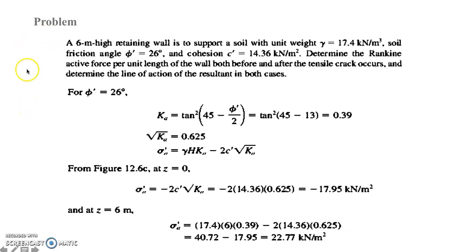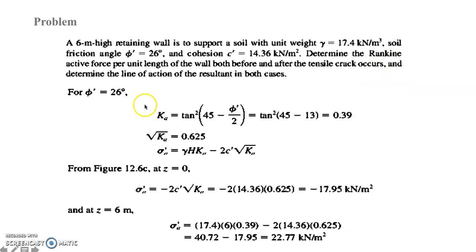So we have here a sample problem. A 6 meters high retaining wall is to support a soil with unit weight gamma equal to 17.4 kilonewton per cubic meter. Soil friction angle Phi prime is equal to 26 degrees and cohesion C prime is equal to 14.36 kilonewton per meter squared.